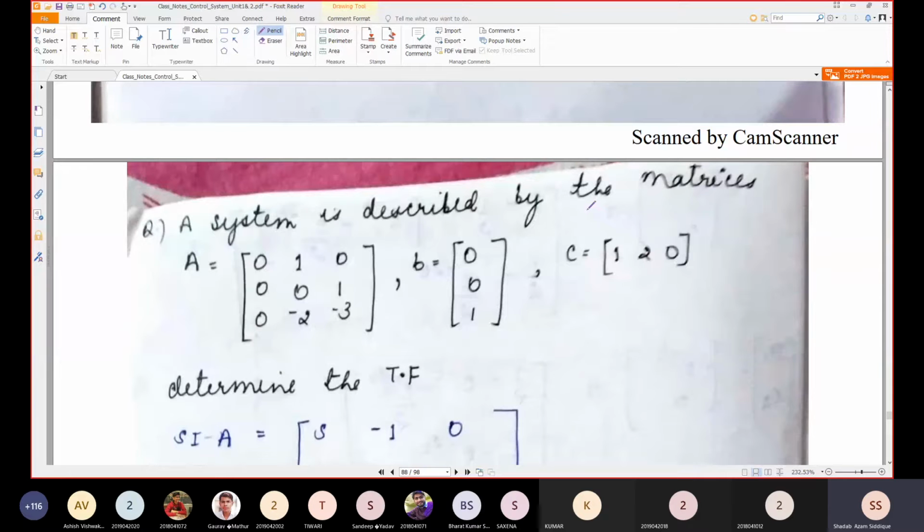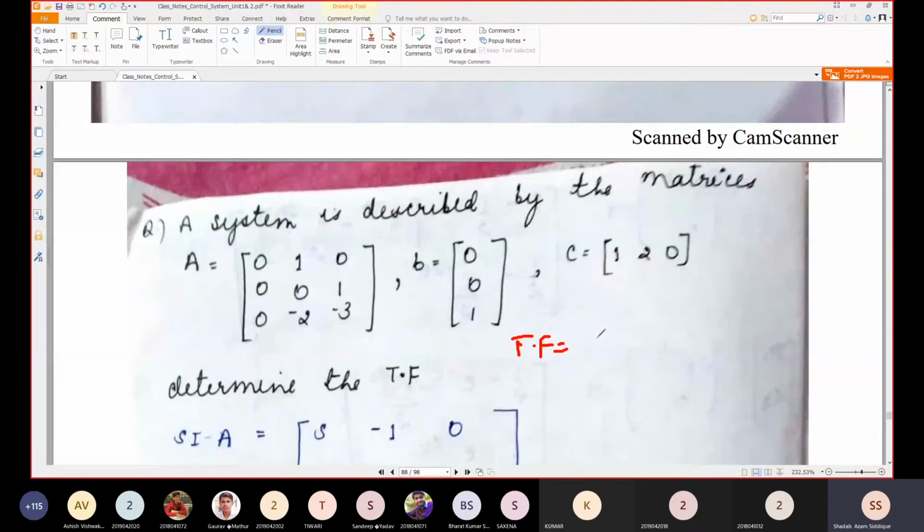Okay. See, here it is given that a system is described by the matrix. A is given as some matrix, B is given as some matrix, and C is given as some matrix. So determine the transfer function. See, what was the transfer function equation? You should remember all these.